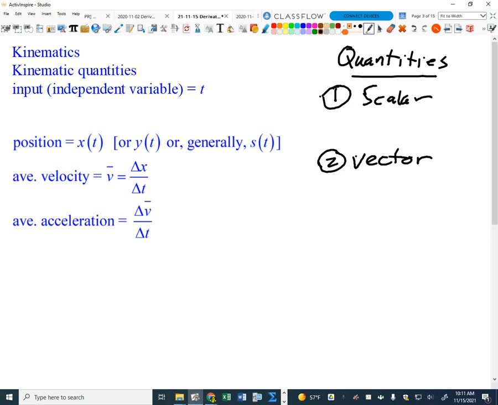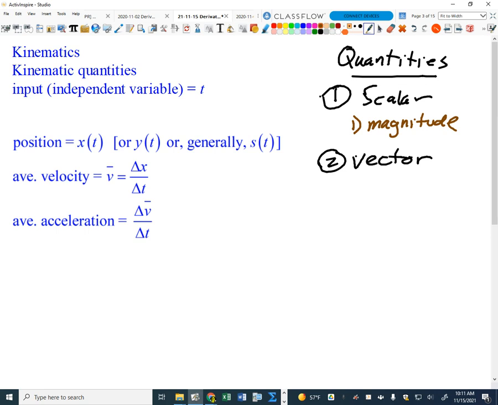Those of you who are in physics, remind us what those are. Okay, so a scalar has only one part. A scalar has just a magnitude, or a number.